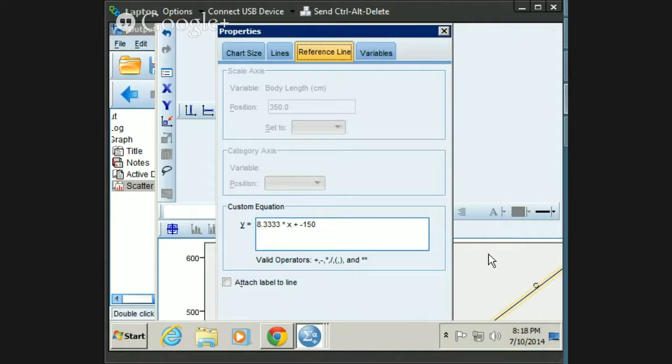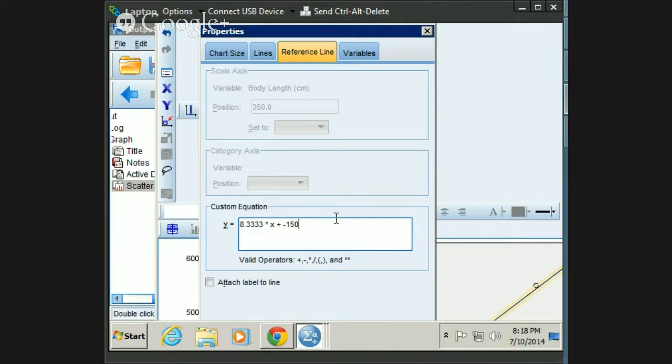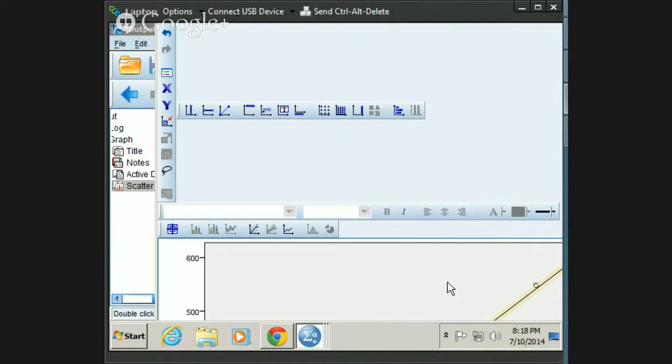Oh, there's the equation. Custom equation. Wait, do you have to customize it? I don't know. Looking at your data, it looks like it already put it in there. That is pretty large. What about the same diagonal? Oh, look at that.